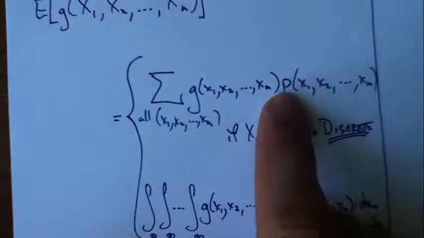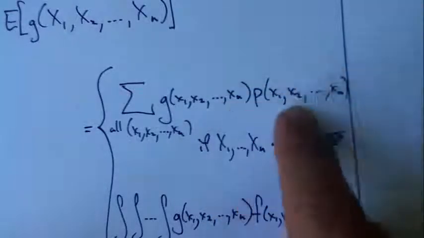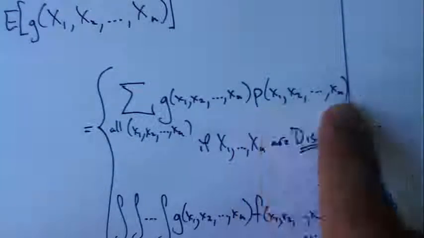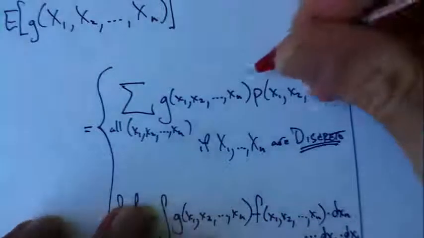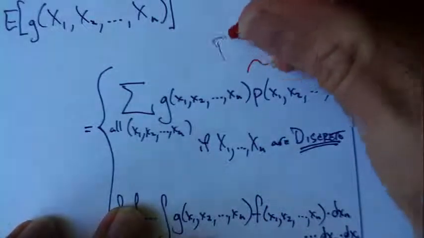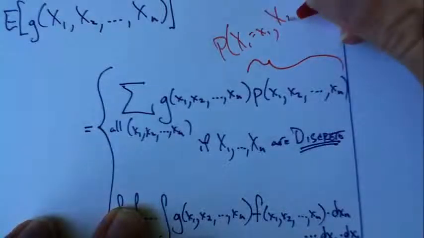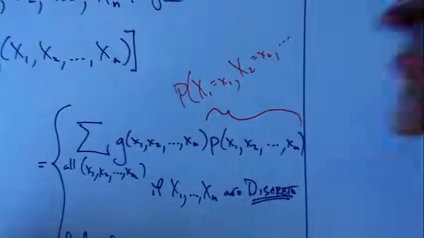I should really probably have x1, x2, x3, xn down here in the subscript just to denote that it's the joint probability mass function for all these variables, but I don't have much room, and I think you understand what that is, right? This is the probability. This is just shorthand for the probability that x1 is little x1 and x2 is little x2 ... right? Xn is little xn.